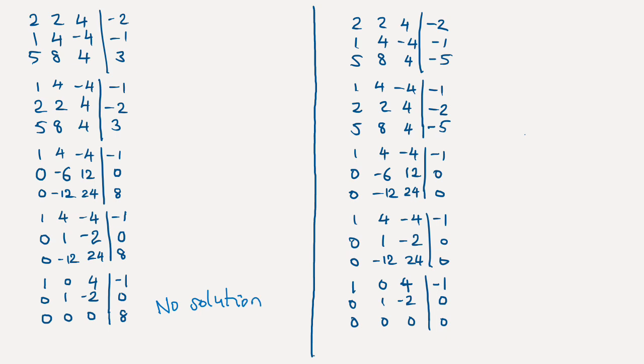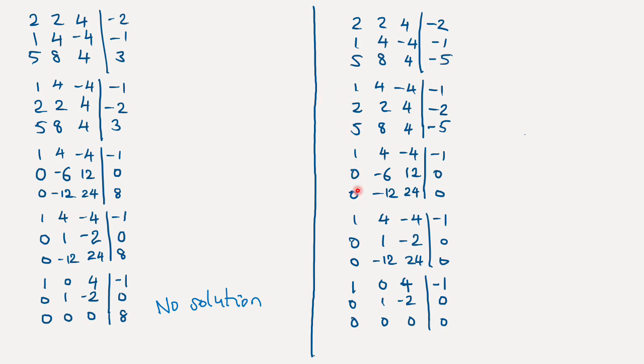Last scenario is if there's an infinite number of solutions. So I've got this system here to illustrate that scenario. Everything's the same essentially except for this number here. If you compare this system with the previous one, the only thing that's different is this number. It was 3 over here, but it's minus 5 over here.